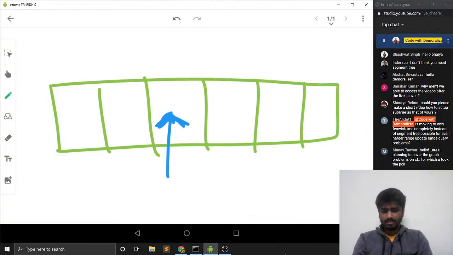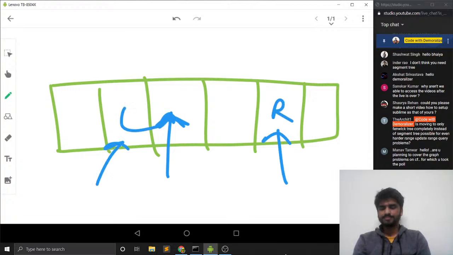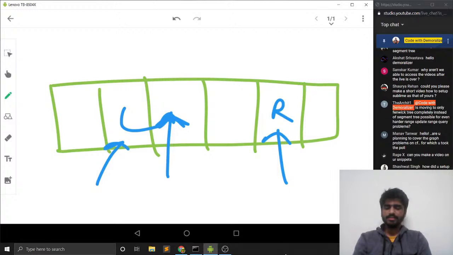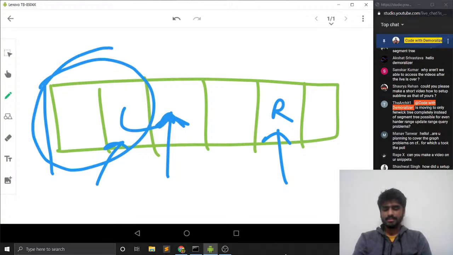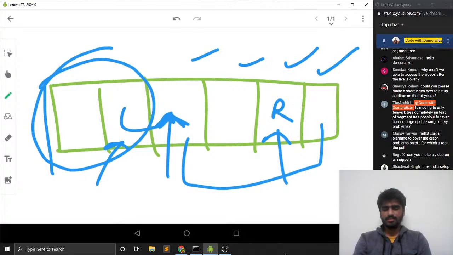So let's say the right was here and the left was here. We have to count how many subarrays will be added to the answer, right? So what I said was, we can pick any of these and match them with any of these. How many of these are there? One, two, three, four, and this small r, this is mx. So this is r minus mx plus one, right?